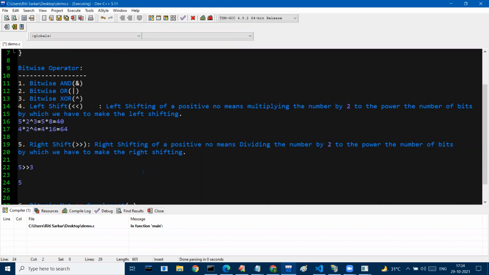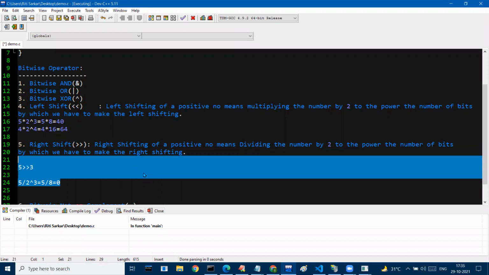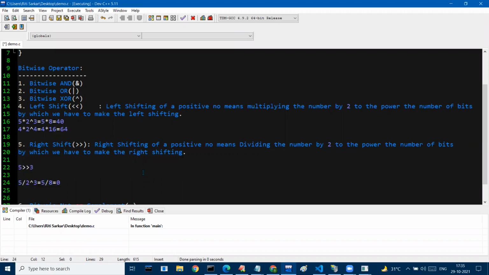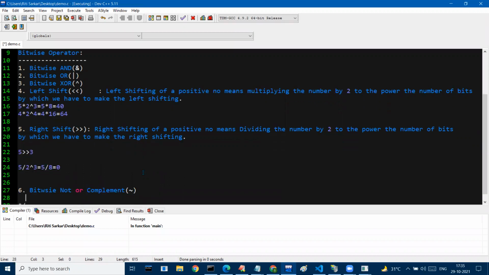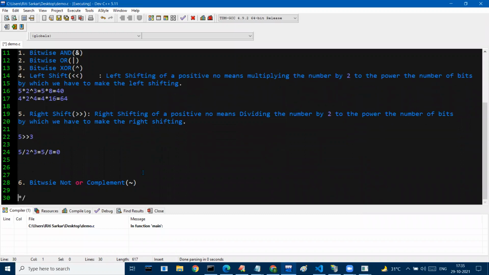Dividing the number 5 by 2 to the power number of bits, which is 3. That means 5 by 8, and we take the quotient. Hence the answer will be 0. So right shifting of this gives 0. Very good.